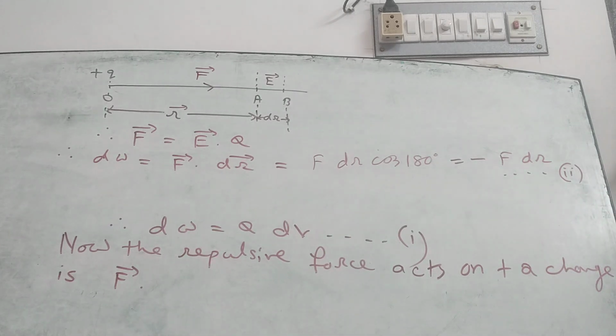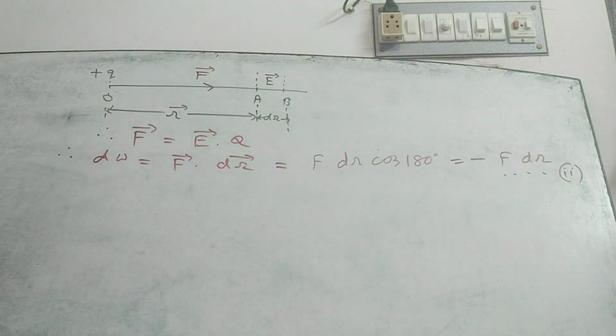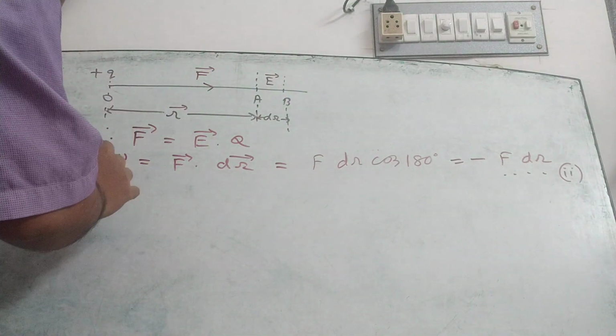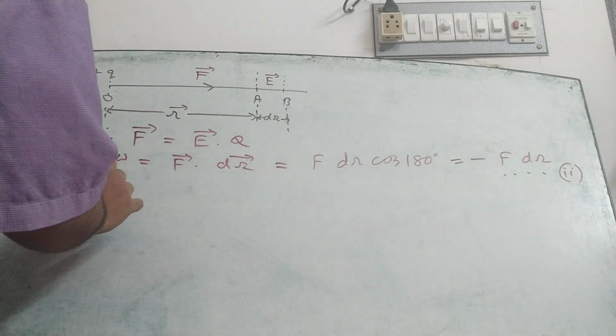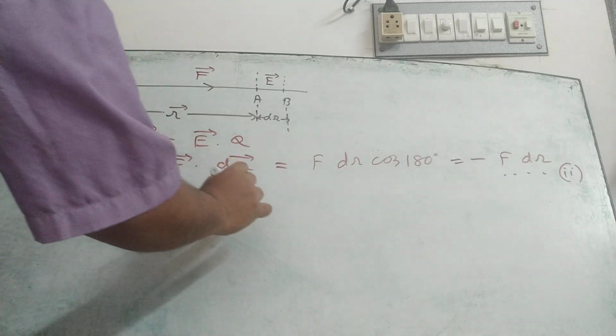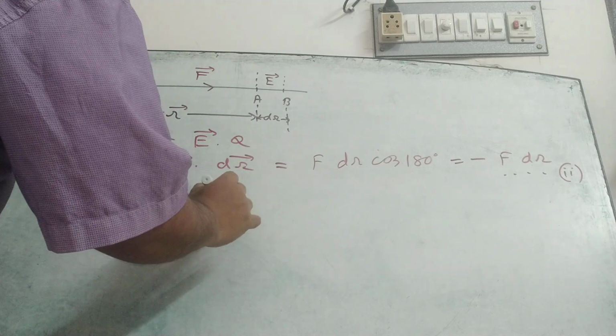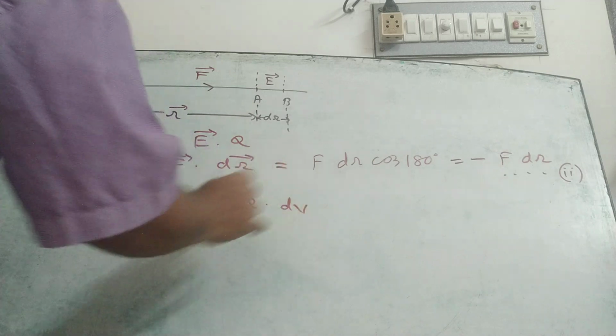Now, equating equation number 1 and equation number 2, we can write minus F dr is equal to Q dV.